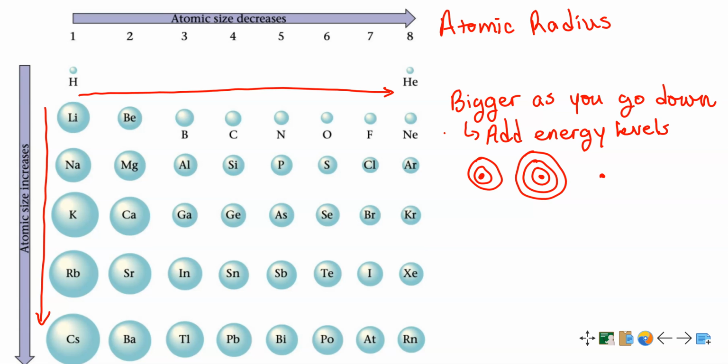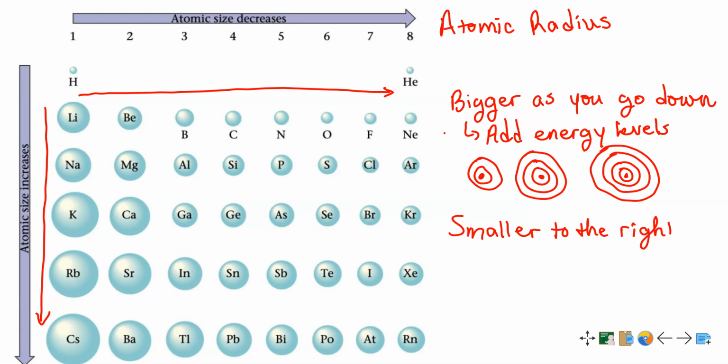Then we go to, I'm going to move that because that won't be close enough. Then we go to potassium, which has 4 principal energy levels. So it's naturally bigger as we go down. Now, it gets smaller to the right because there's increased attraction from protons.